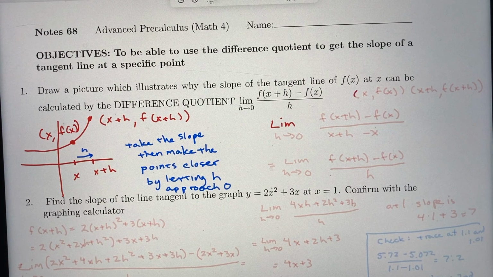I'm going to just write them up here. I have x comma f of x and x plus h comma f of x plus h.